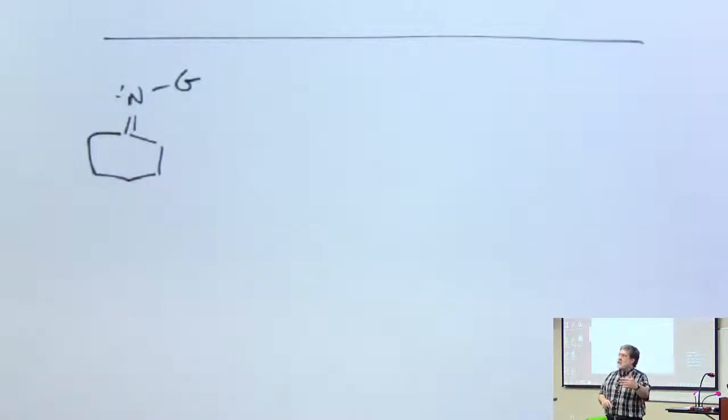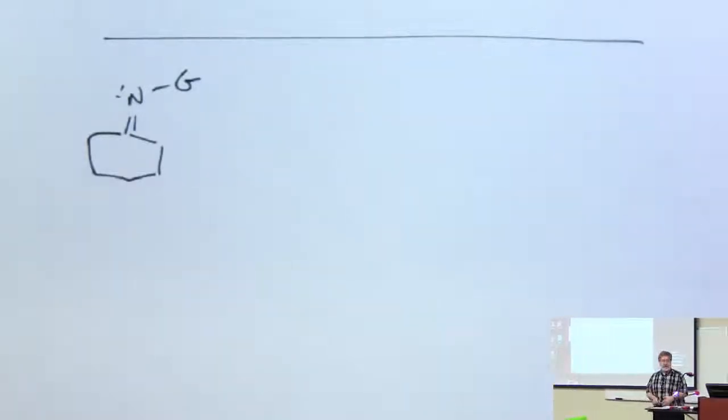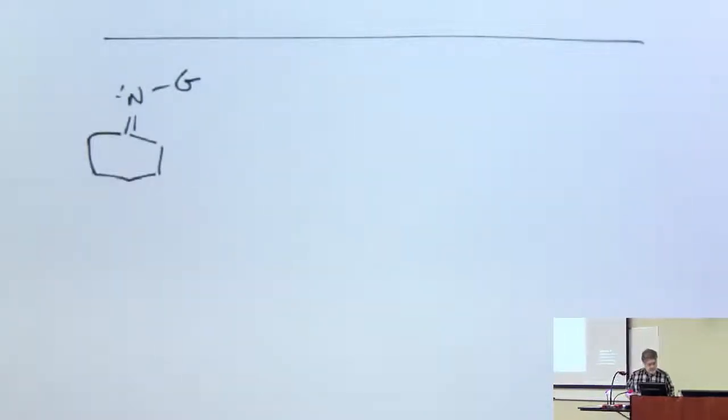Well, it's all those things we just looked at, like an OH in the case of hydroxylamine, like an NH2 in the case of hydrazine, like NH2 phenyl in the case of phenylhydrazine, right? So that's what G stands for. It's the other thing attached to the nitrogen. One thing to realize about all these that I've shown you so far, right?